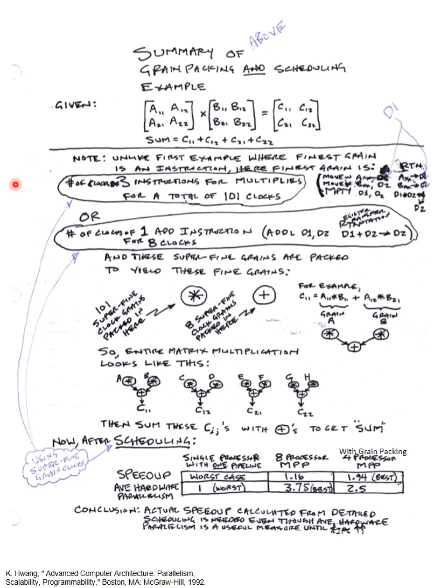So the number of clocks of 3 instructions for the multiplies is a total of 101 clocks, and the clocks of 1 add instruction is 8 clocks. And so the superfine grains are packed to yield these fine grains. You can reference compared to above, and it matches up with the graph.